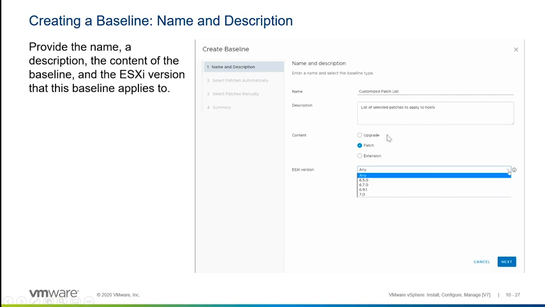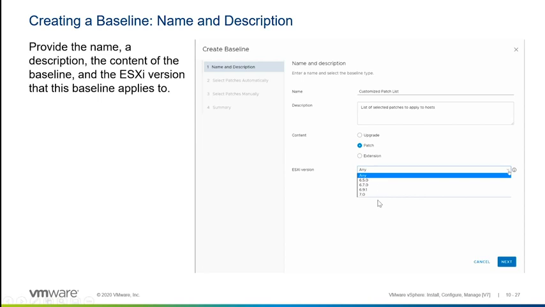I'm going to tell it it's either an upgrade baseline, which will include ISO images, a patch baseline, which will include zip files that are collected by Lifecycle Manager as it reaches out to the online software depots, or we can include extensions that allow me to manually import these zip files and things like that.